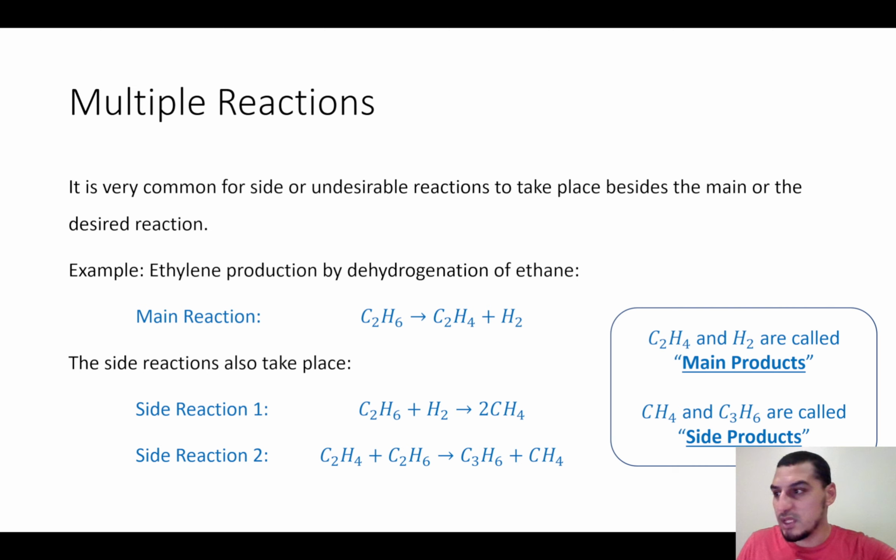For example, when we discussed giving the feed to the reaction, ideally we will be providing the feed with the same stoichiometric ratios, and then we found out that this is not the case in many reactions, and that we provide the feed with different ratios.